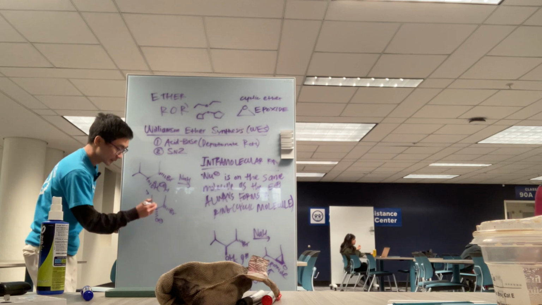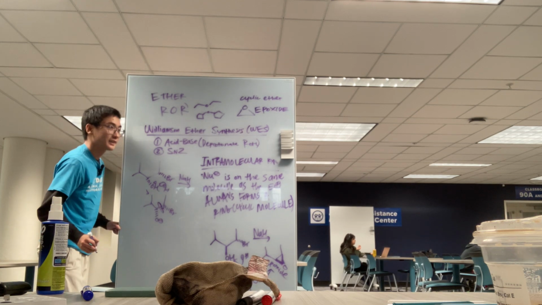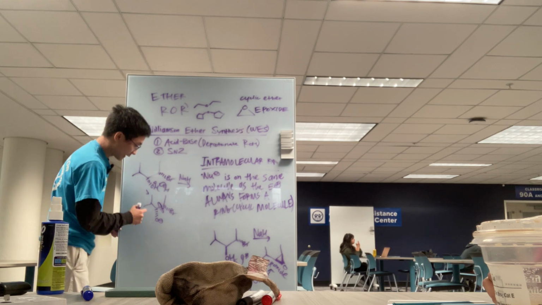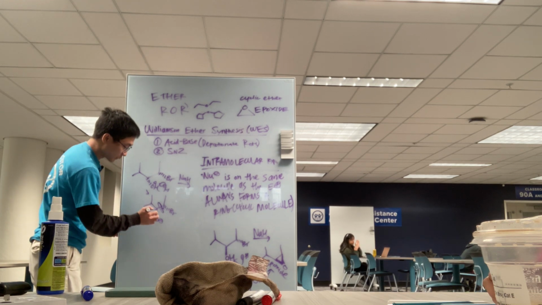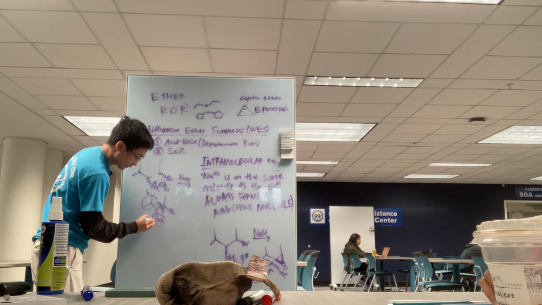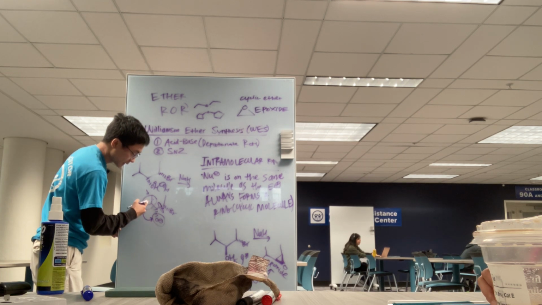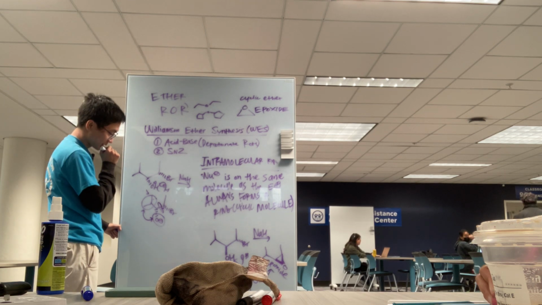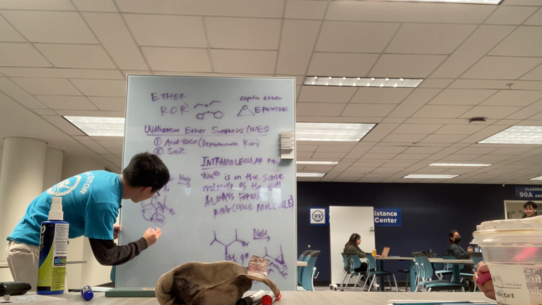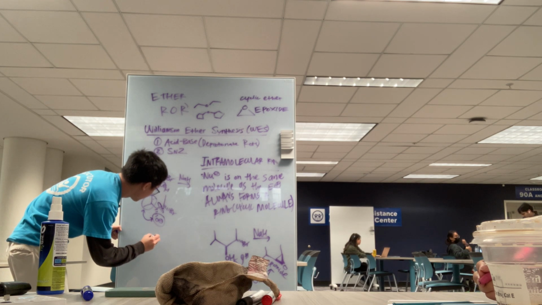So what we have to do is rotate that single bond, and I'm going to swap these two groups around. I'm going to make this O minus. Wait, hold on, let's see.